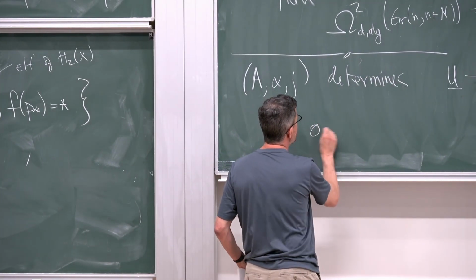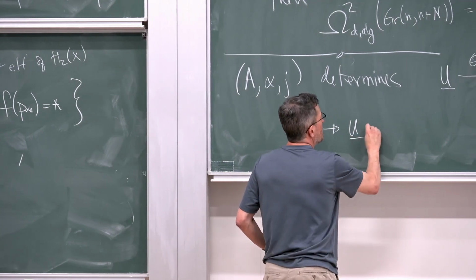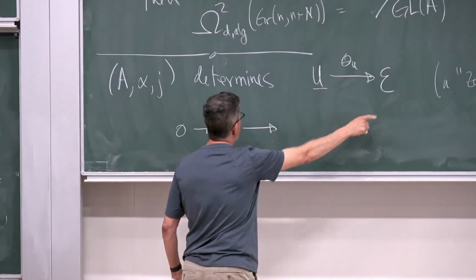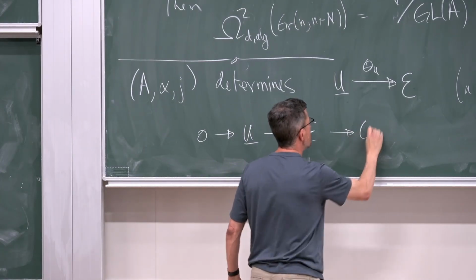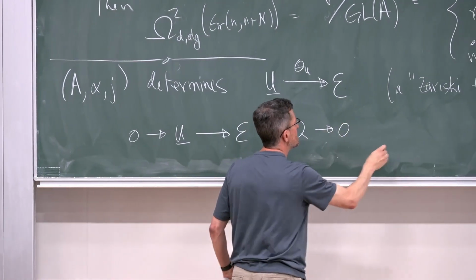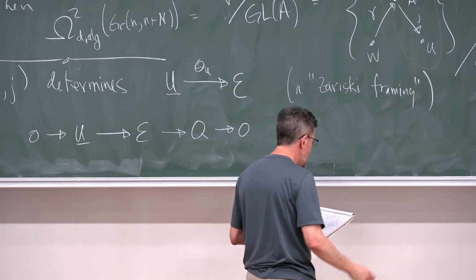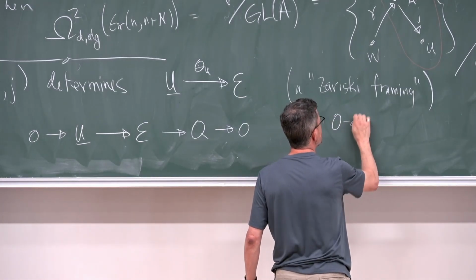You can, of course, make this, these two guys have the same rank, and so the quotient Q is a zero-dimensional sheaf.